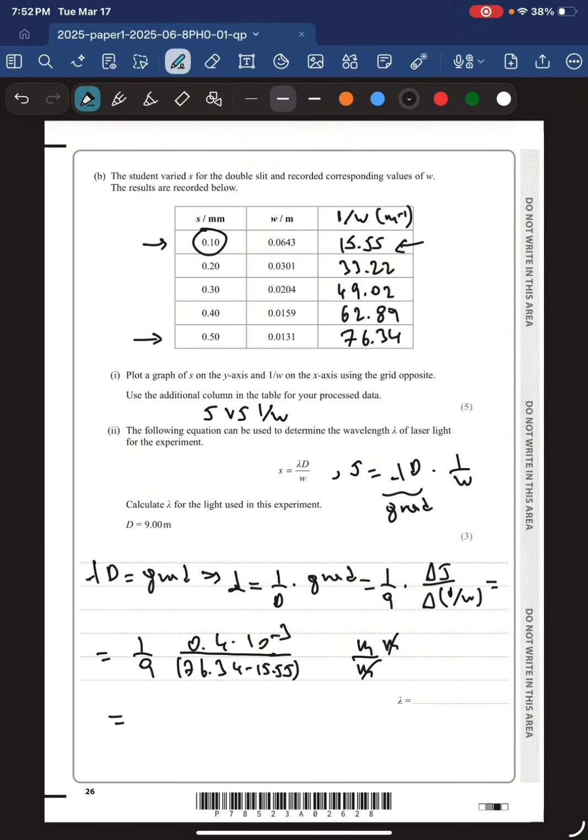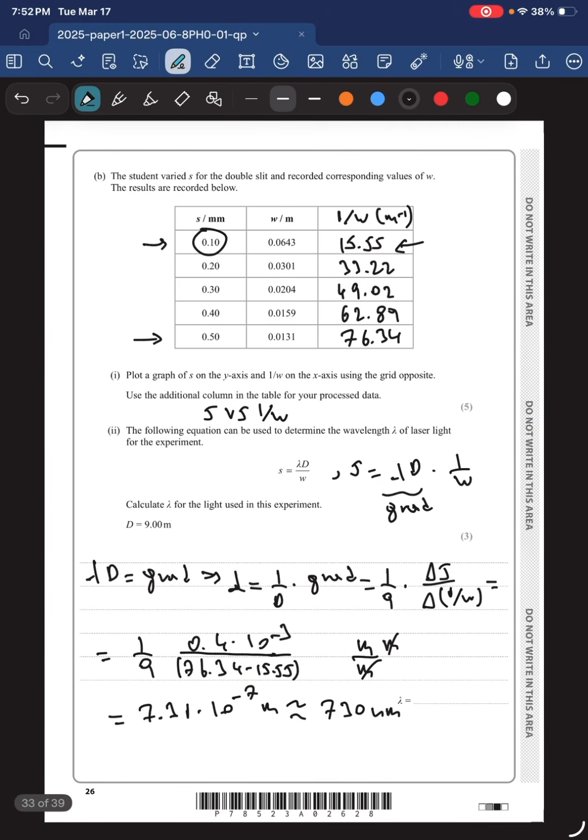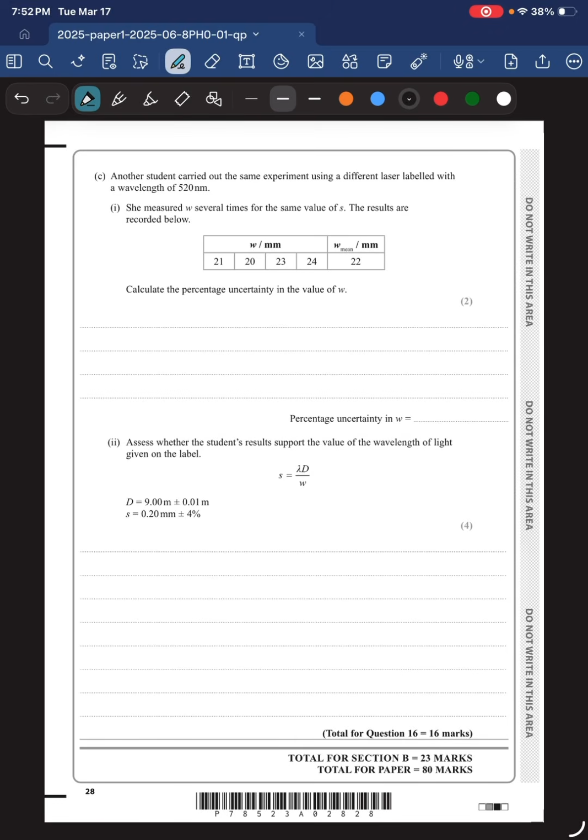So this works out to 7.31 times 10 to the negative 7 meters, which is about 730 nanometers. Okay, and do they quote the laser used? Okay, so this is kind of infrared, but okay, I assume he or she used the red. So this is red. Okay, all right, this was part 2.